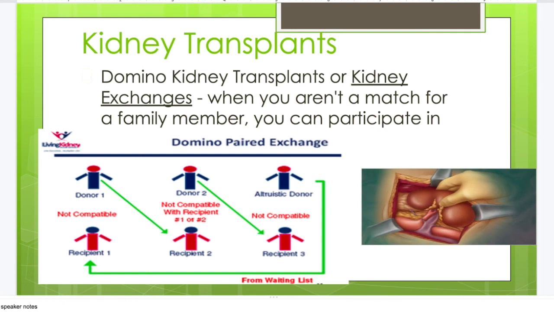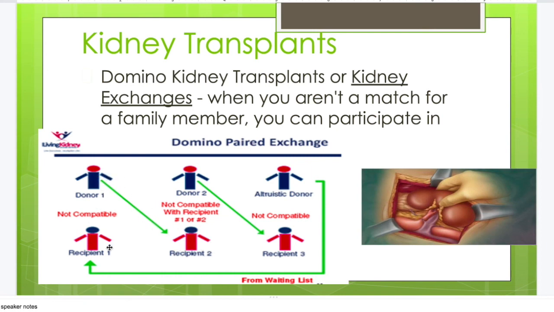that somebody's willing to donate a kidney for her, but they are not a match. What they do is they take that information, put it into the transplant list, and try, through a domino effect, let's say here, donor one wants to give a kidney to recipient one, but they're not compatible. But let's say that donor one is a match for recipient two.